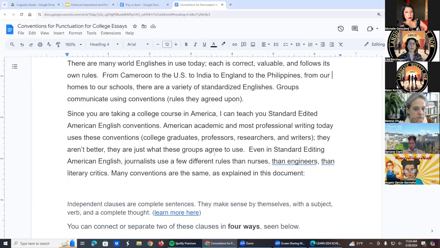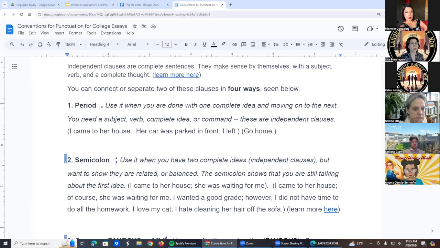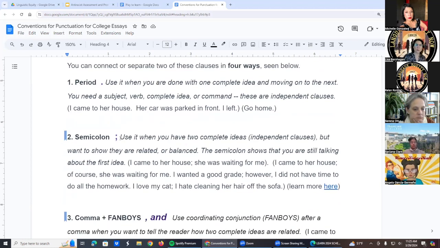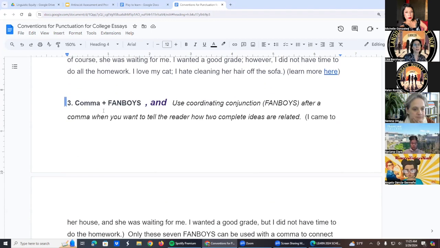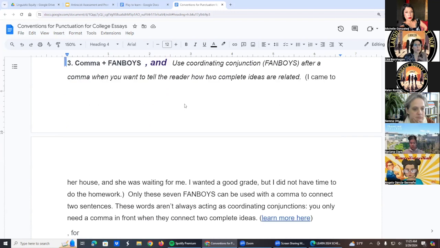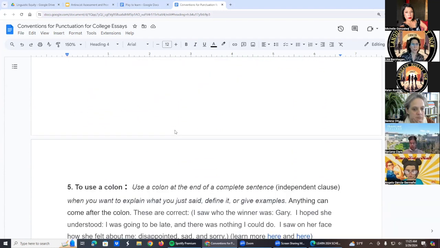And so although there's variation even within every group, many conventions are the same. So I just give them the conventions that are used in American academic writing. How do they use a period? How do they use a semicolon? What does it mean in communication terms? If they use a comma and a coordinating conjunction, what does that mean in communication terms? When they're using a dependent or subordinate word, how is that communicating?